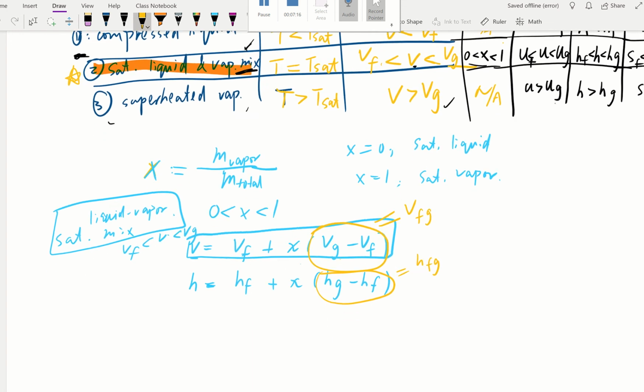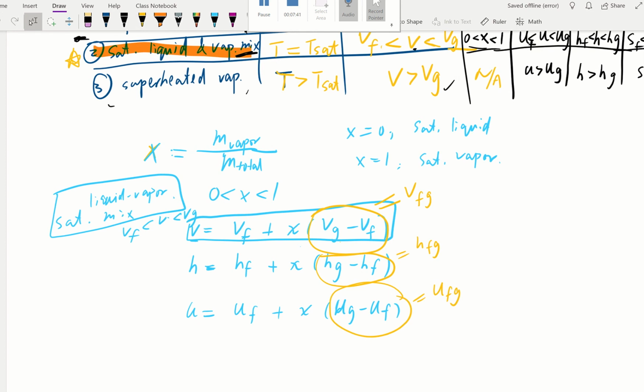Okay. Then next we can further extrapolate to our specific internal energy. It's going to be equal to Uf plus x times Ug minus Uf. Of course, that can also be written as Ufg. Okay, and I'm going to write one last one. I believe it's entropy.